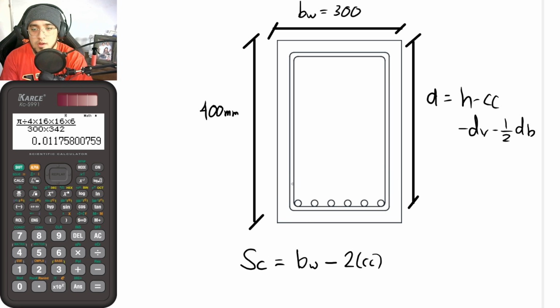After which, we would also be subtracting the bar diameters for stirrups, and those are 10 mm. So that is twice 10 mm since we also have two sides. Then after that, we will be subtracting 1, 2, 3, 4, 5, 6 times the bar diameter, so minus the number of bars times the diameter of the bar itself.